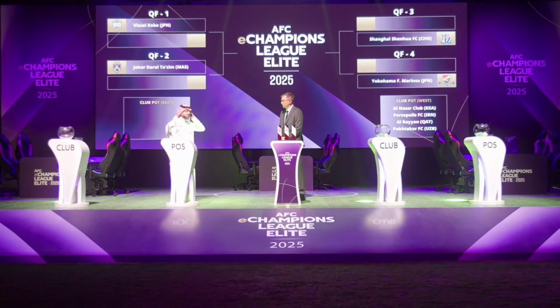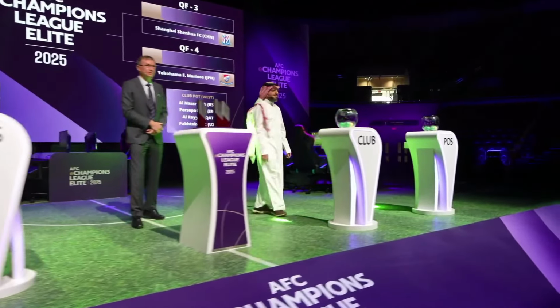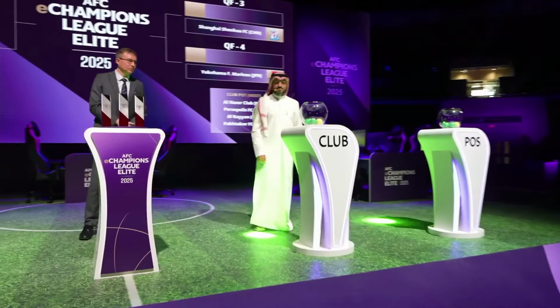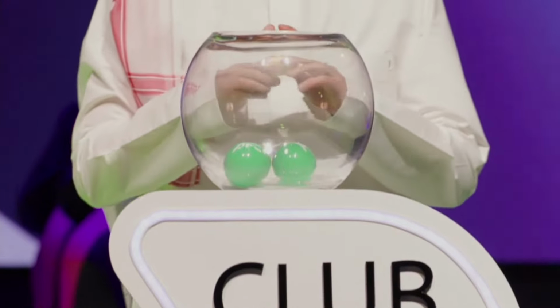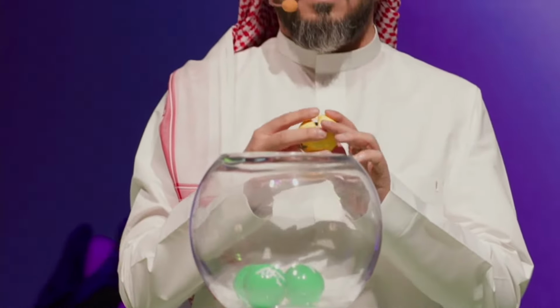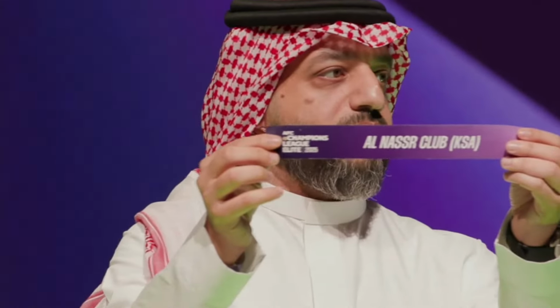Now we have 4 remaining clubs in the West. Badr. And again, same as explained in the draw mechanics video, we start with the yellow ball. And the club is Al-Nasr Club, Kingdom of Saudi Arabia.